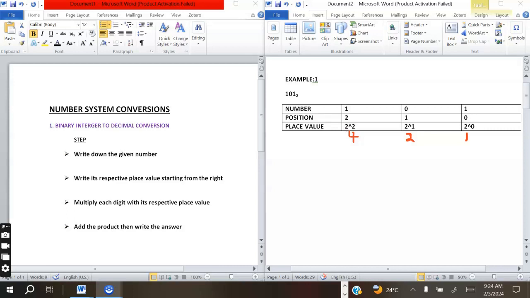Okay, after you get that, you multiply each digit with its respective place value and add the products.